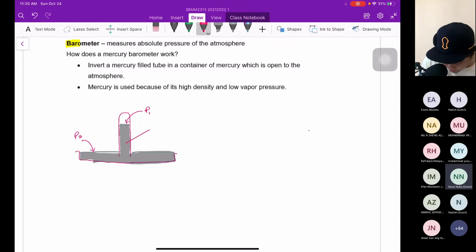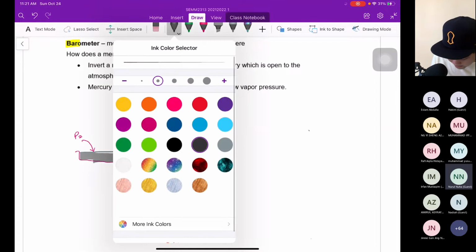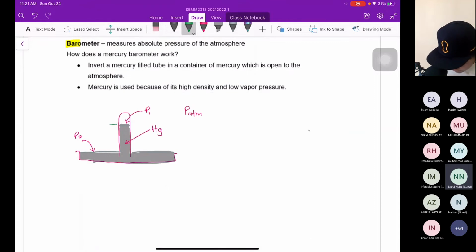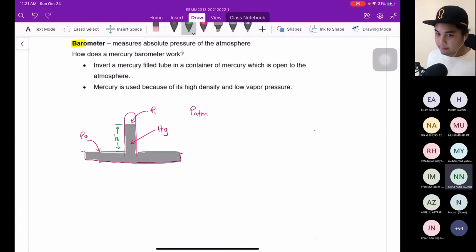Okay, this is the liquid mercury, Hg. Definitely the surrounding of this is exposed to P atm, atmospheric pressure. And of course, we have the height, from here to here, which is H. So based on this, recap what we have learned.